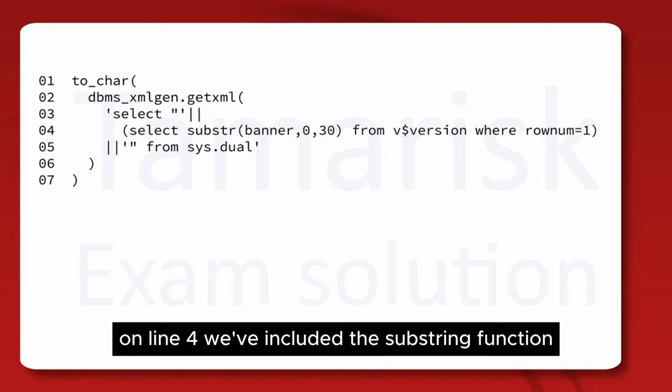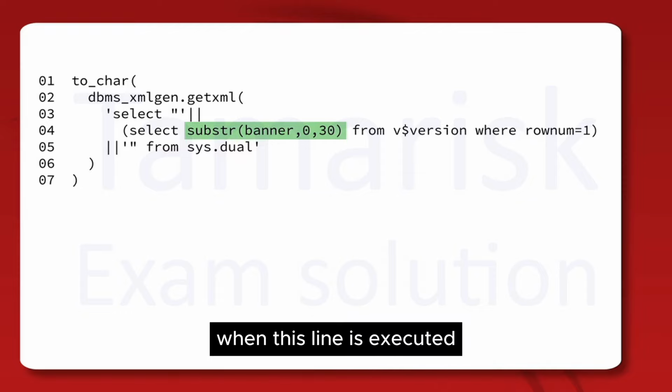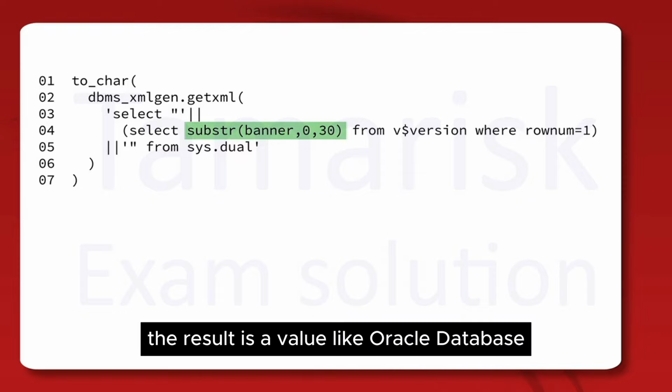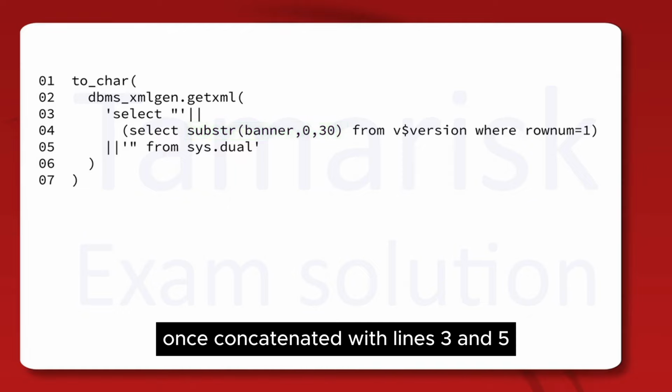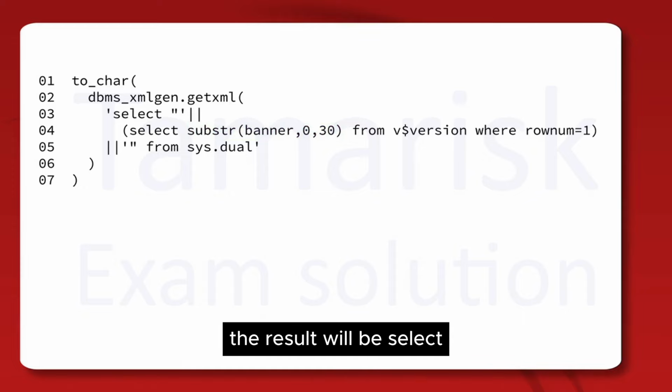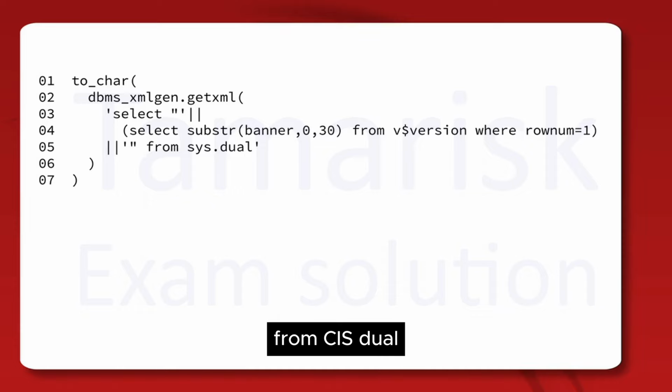On line 4, we've included the substring function because Oracle limits column names to 30 characters or less. When this line is executed, the result is a value like Oracle Database 11G Express Ed. Once concatenated with lines 3 and 5, the result will be select Oracle Database 11G Express Ed from sys dual.